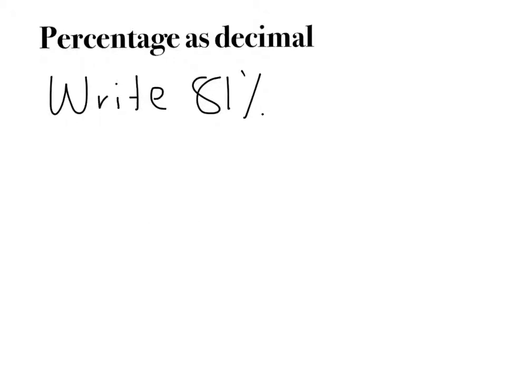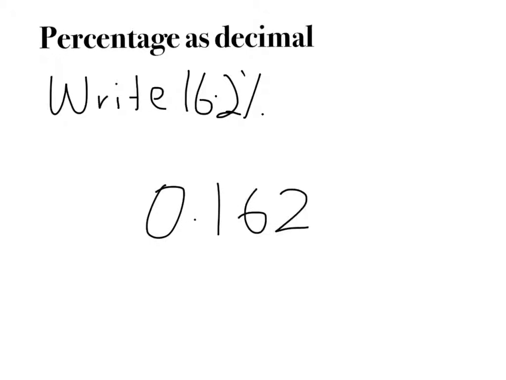So you give me a tricky one. You say, Mr. Corsi, I challenge you, you think you can do it with anything? Try it with this one, 16.2%. Challenge accepted. That just becomes 0.162. Converting percentages into decimals is really, really super easy, guys. So that is percentages as fractions and percentages as decimals.